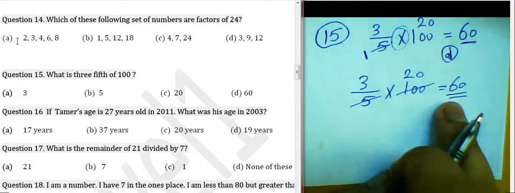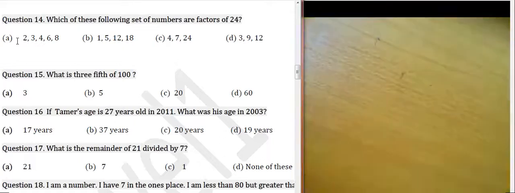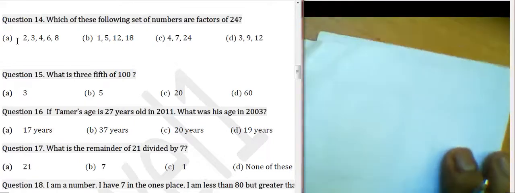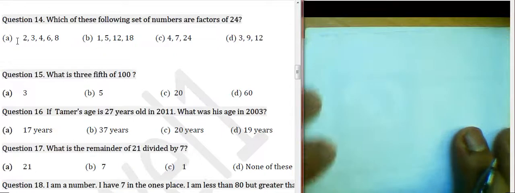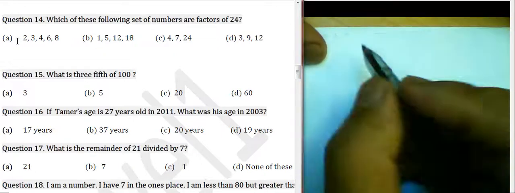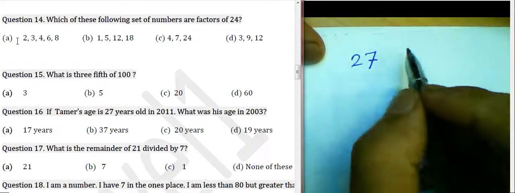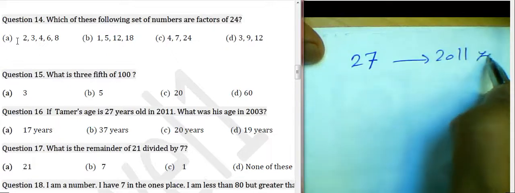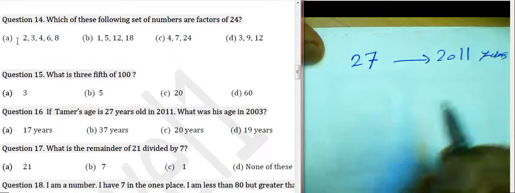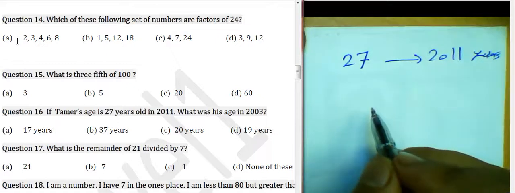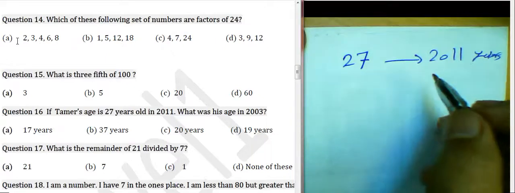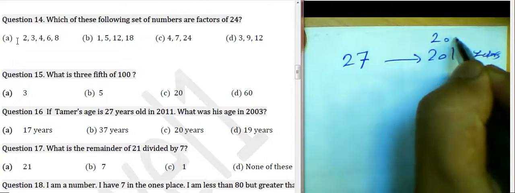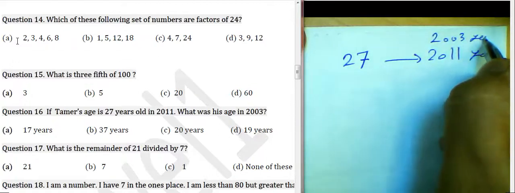What about question 16? Look at question 16. If Tammy's age is 27 years old in 2011, and he wants to find his age in 2003.